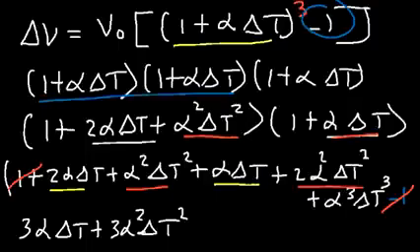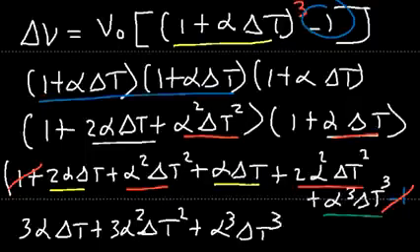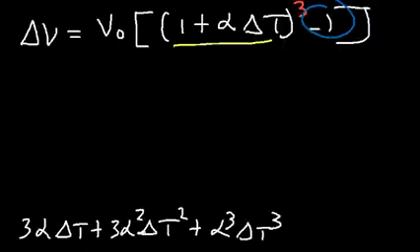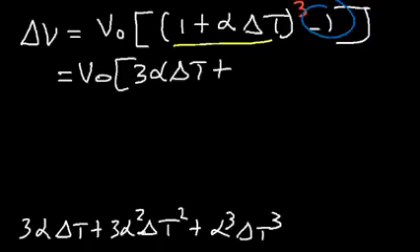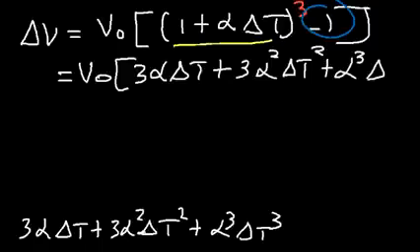And finally, we have this one remaining, which is alpha cubed delta T cubed. So we can replace this expression with 3 alpha delta T plus 3 alpha squared delta T squared plus alpha cubed delta T cubed.